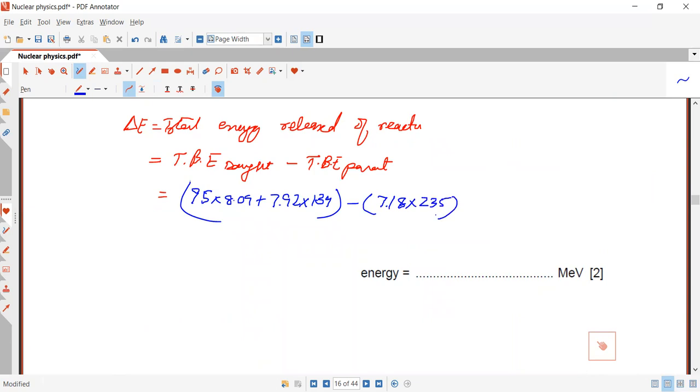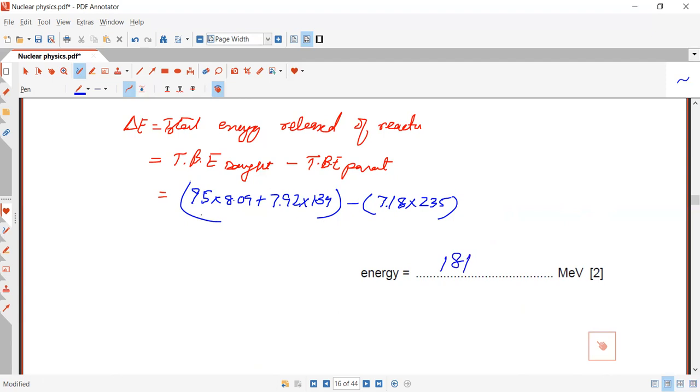So if we calculate it, we get 95 times 8.09 plus 7.92 times 139, and so we're going to get 181 million electron volts, right?